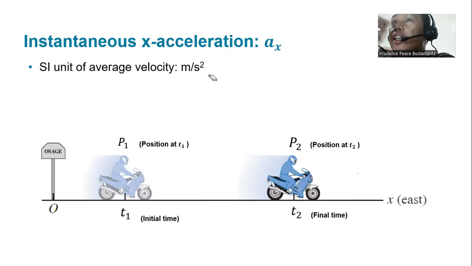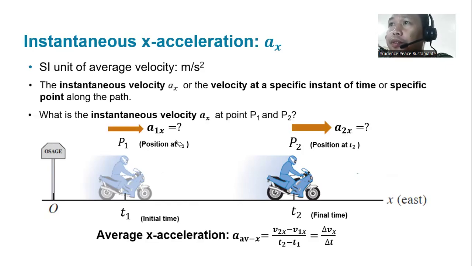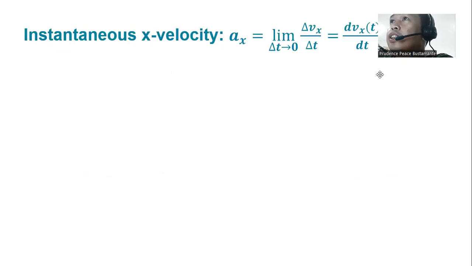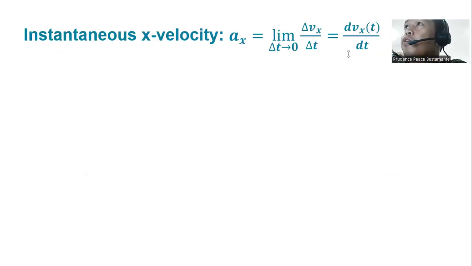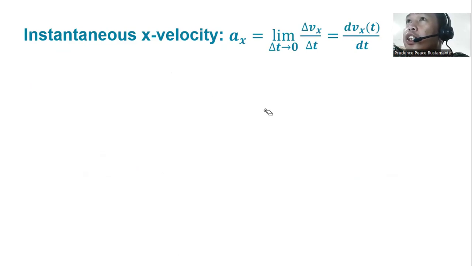Just like the instantaneous velocity, we also have instantaneous acceleration. You can calculate the instantaneous acceleration as just the derivative of the velocity function. If you know the velocity of a particle as a function of time, the derivative of that is acceleration.